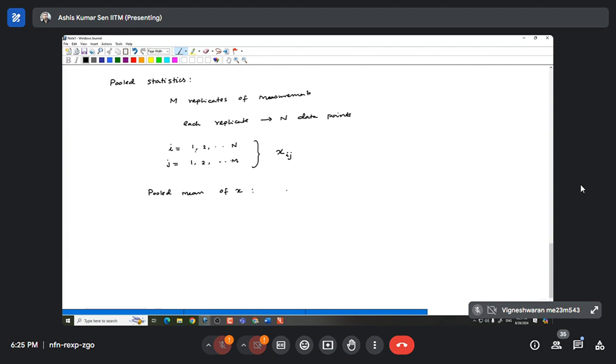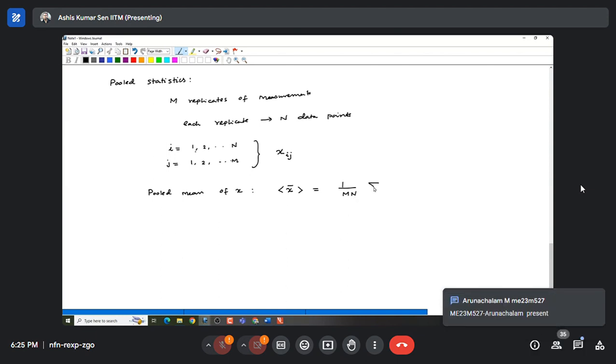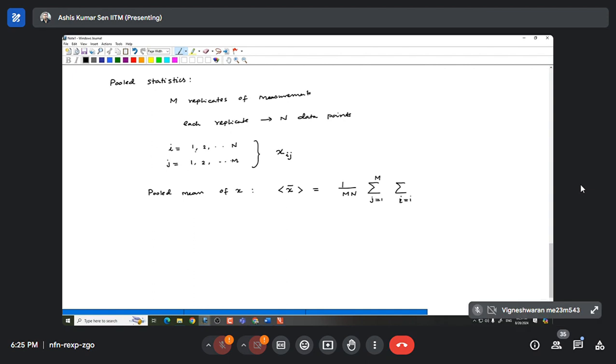You write this using a different symbol, and you find this as 1 over mn, sum over j equal to 1 to m, i equal to 1 to n, of xij.